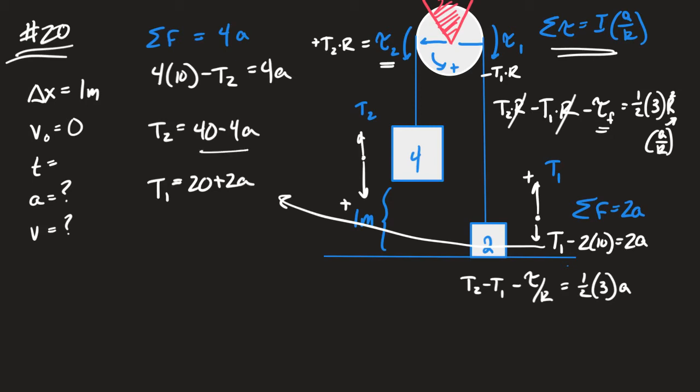T2 is 40 minus 4a. That's what I said. You said T1 was... You've got the answer to your question, right? How long it takes to reach the ground? But this is a tough question. It's long. So let's see.